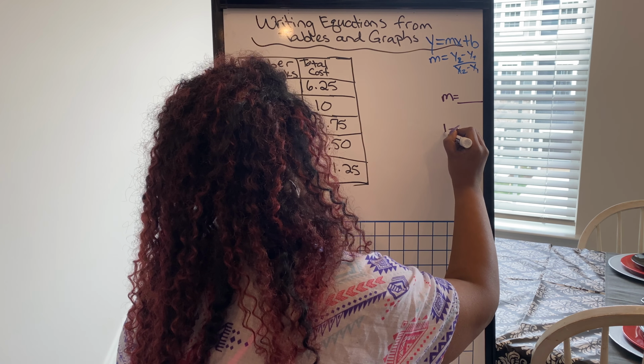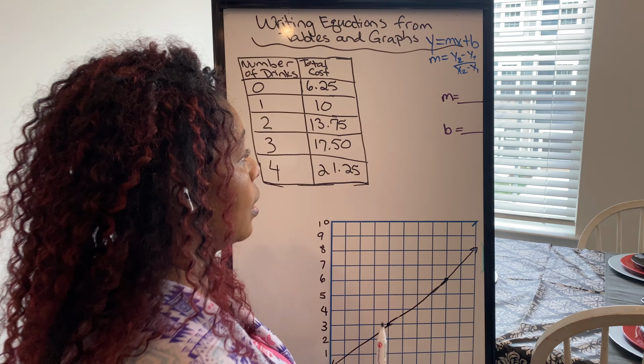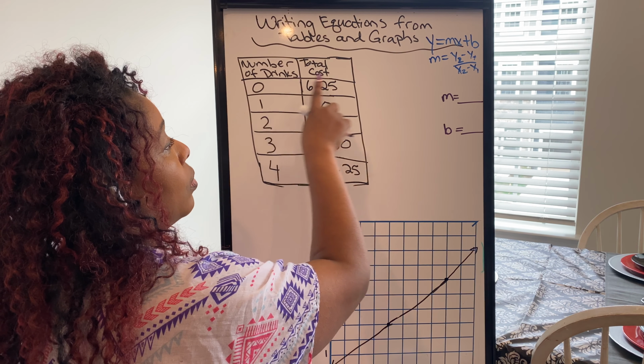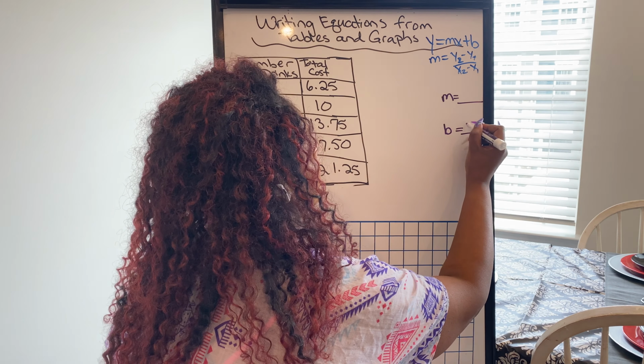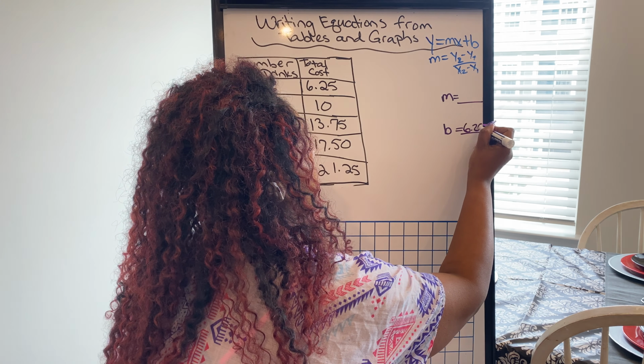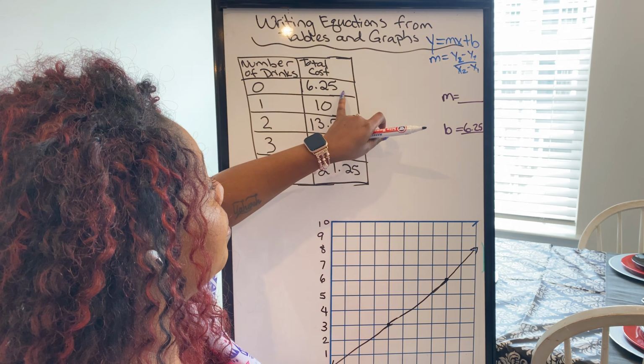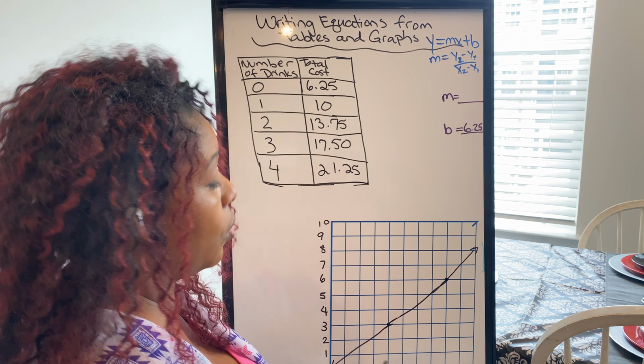So my m and my b. What is b? When x is 0, the y-intercept is the number next to it, which is this one on the table.